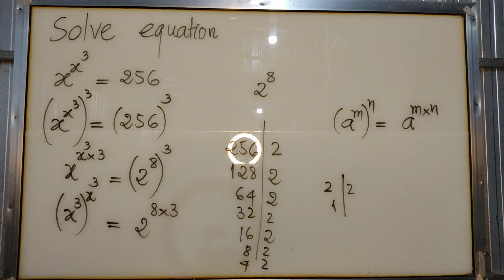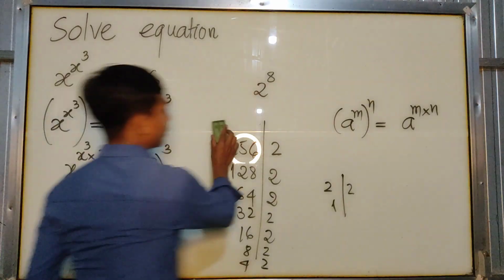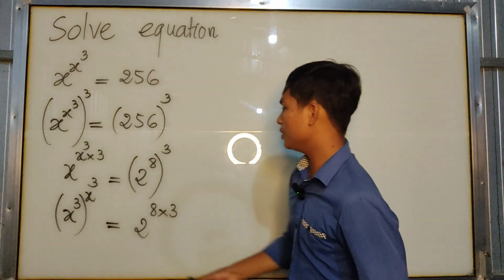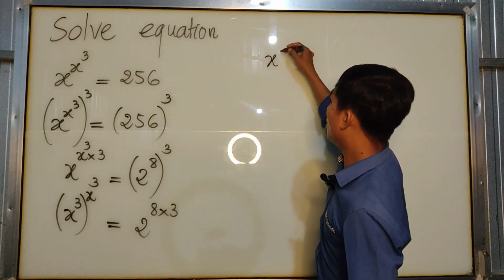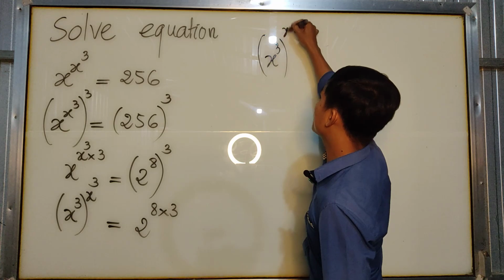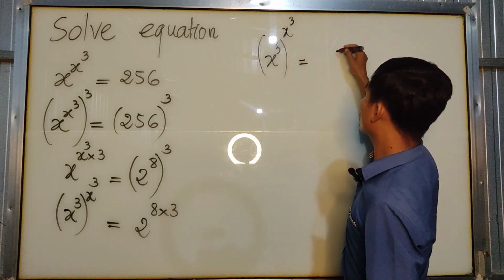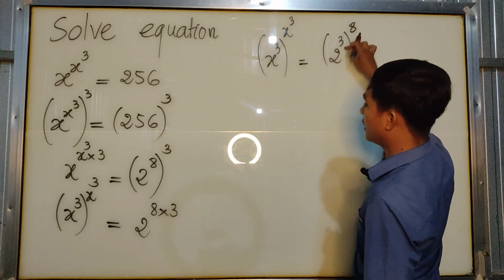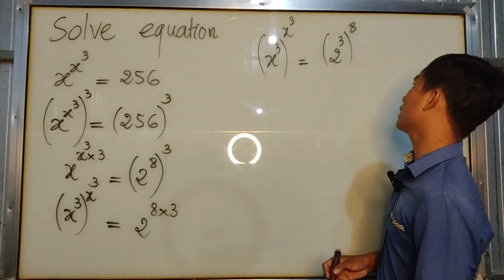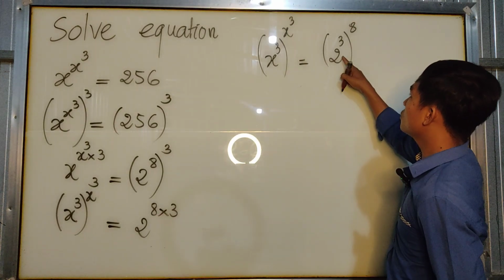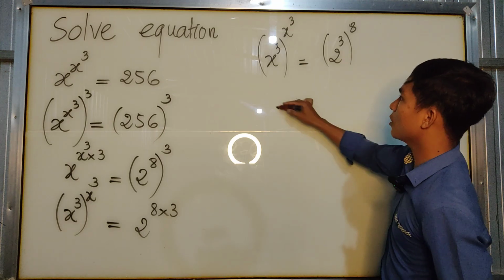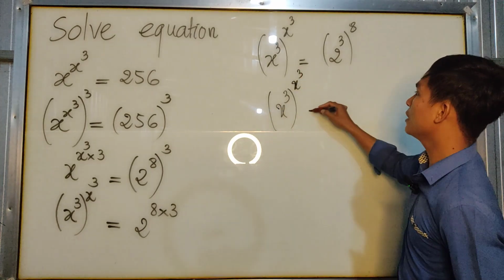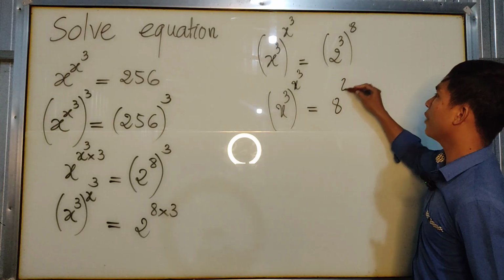So we get (x^3)^(x^3) equal to (2^3)^8. And this we multiply, we get 8 times 3. Okay, now 2^3 we get 8. So (x^3)^(x^3) equals 8^8.